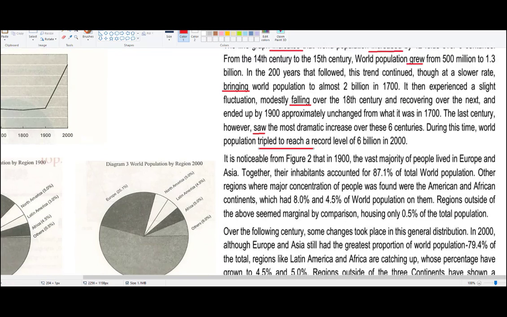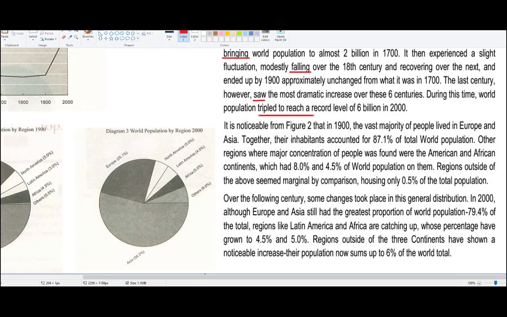That's a good phrase. Their inhabitants accounted for. Their major, well, I mentioned this already under vocabulary. This should be plural. Marks by comparison, housing. Some changes took place.